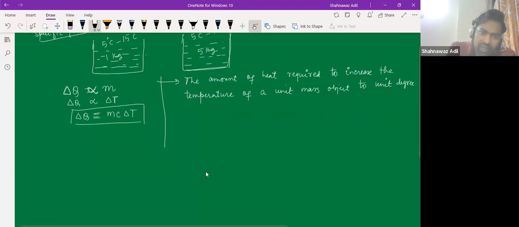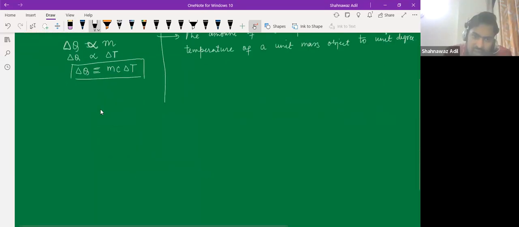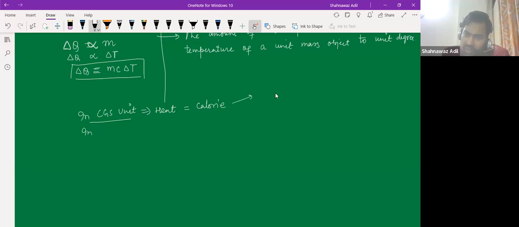So in CGS unit, heat is represented as calorie, right? And in CGS, your temperature is degree Celsius, right?